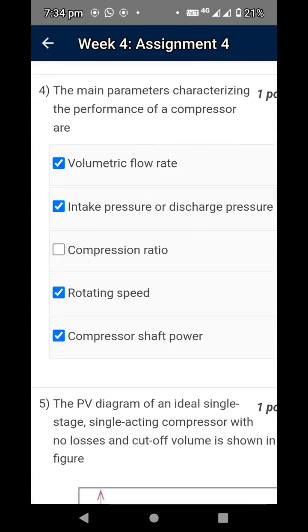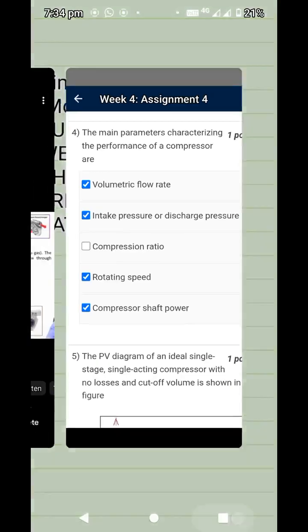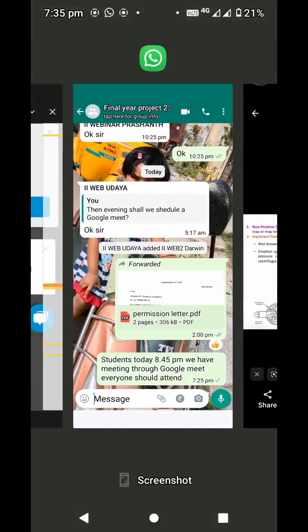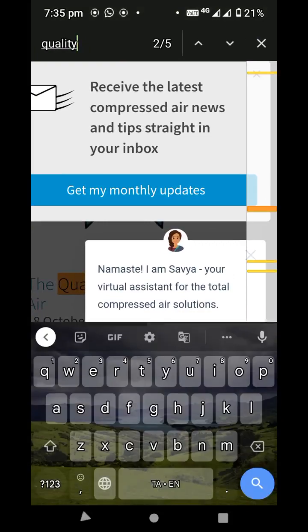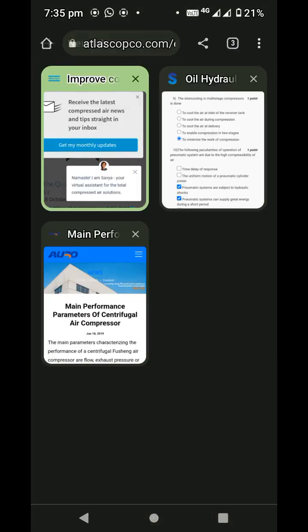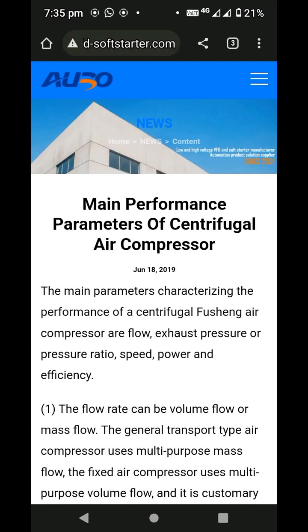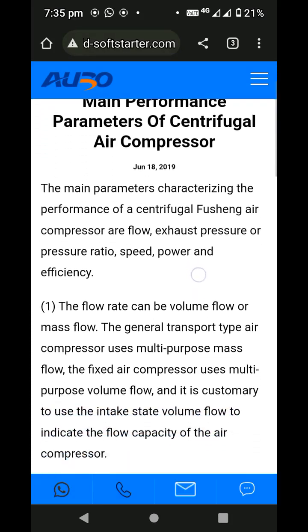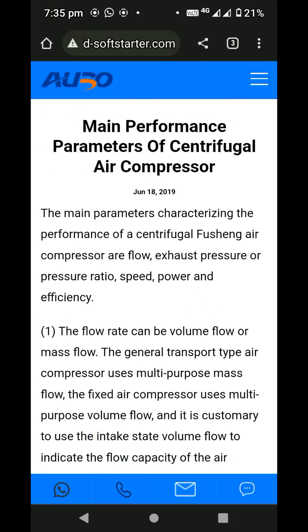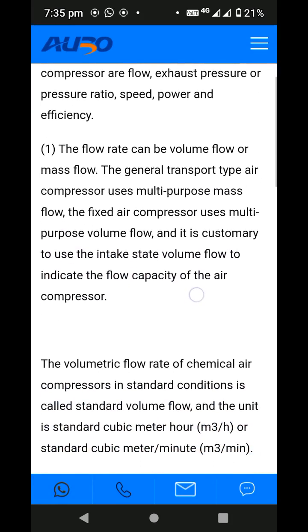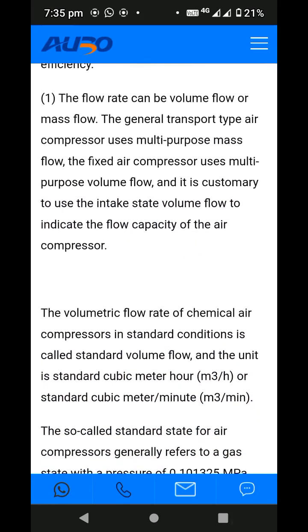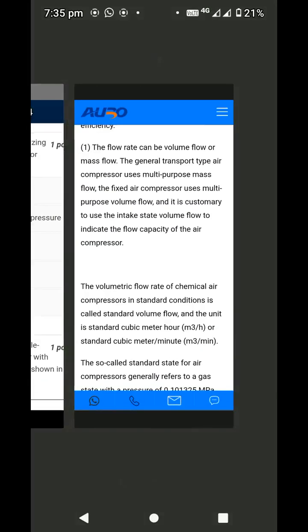And the main parameters characterizing the performance of a compressor are. Now check the options. So which are the parameters for the performance of a centrifugal compressor? First one, flow rate or volume flow rate.